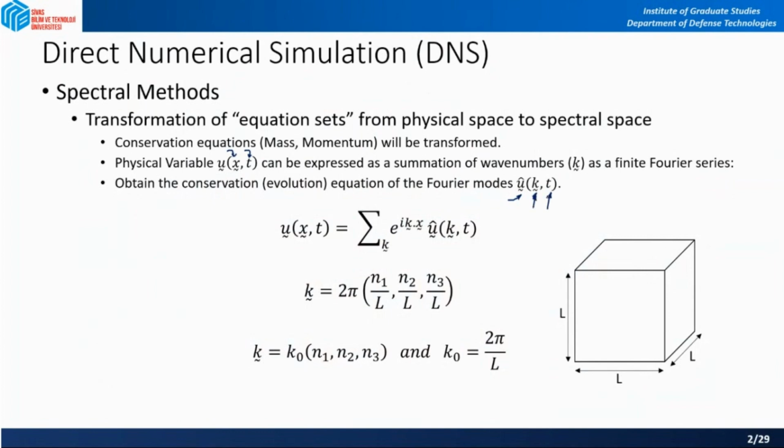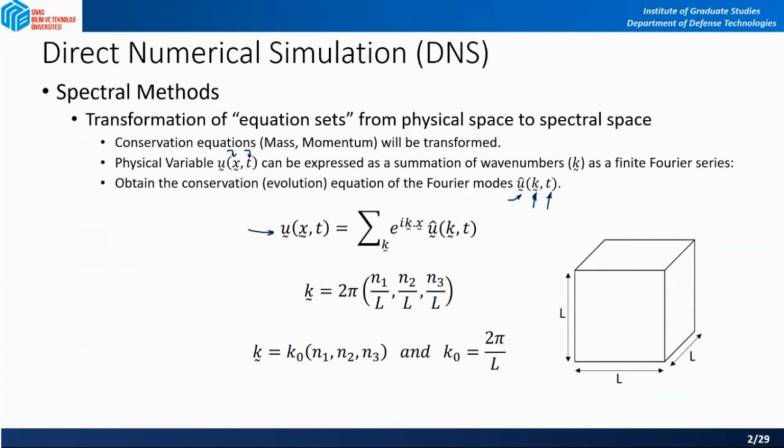For the time, we said that if you freeze each realization, then there won't be any time at each realization. You have frozen the time there, so it's only a function of the wave numbers. The Fourier mode, the vector u hat, is only a function of wave number. And then we said that there is this summation for the transformation.